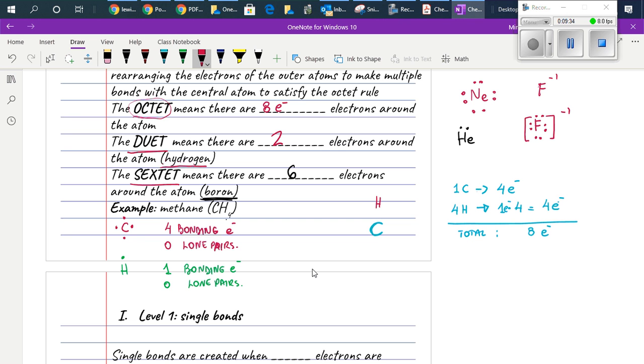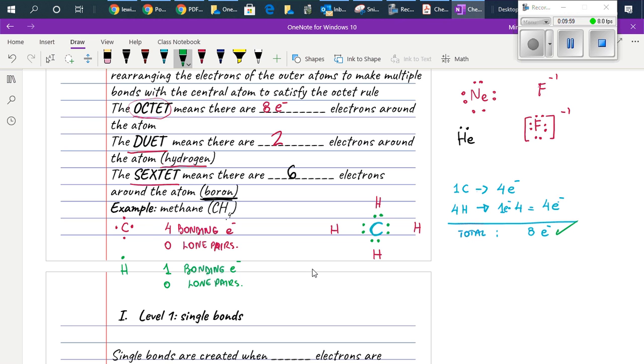So we'll have 1 hydrogen, 1 hydrogen, 1 hydrogen, and 1 hydrogen here. When we start placing the electrons around the central atom, we go 1, 2, 3, 4, 5, 6, 7, 8. So all the electrons that are available are placed here.